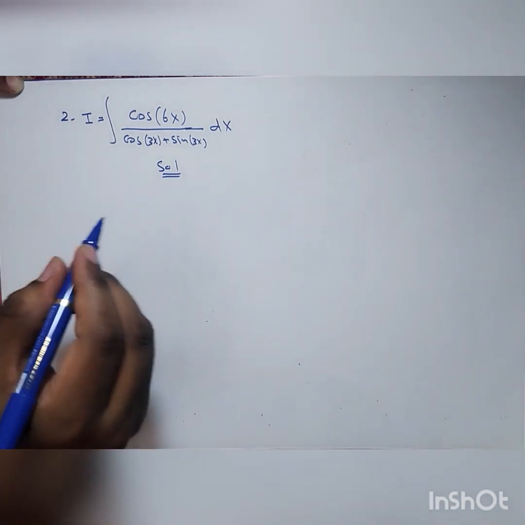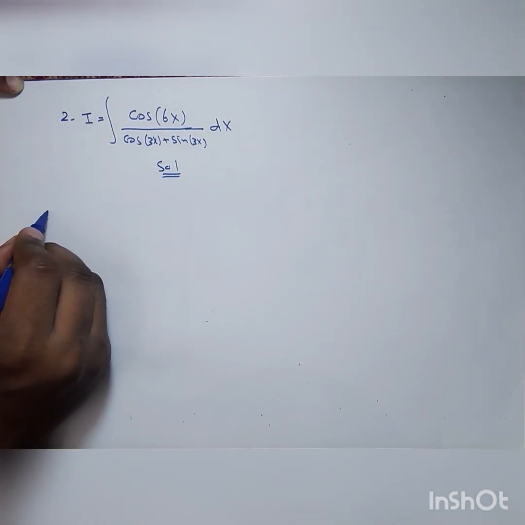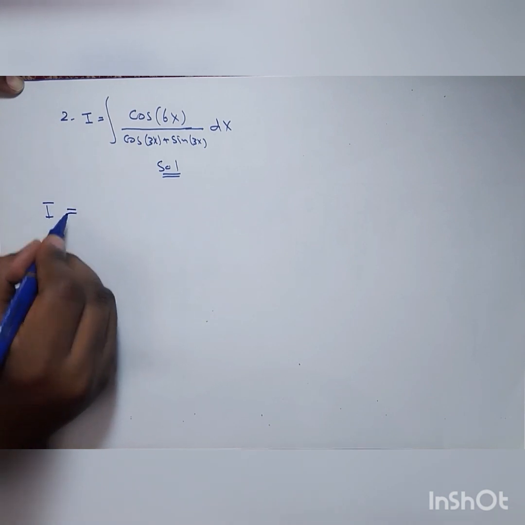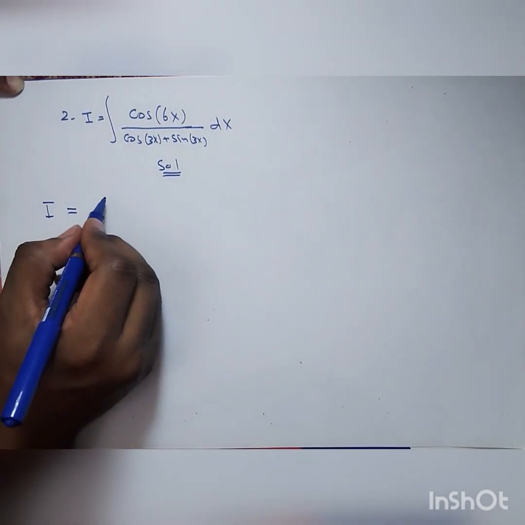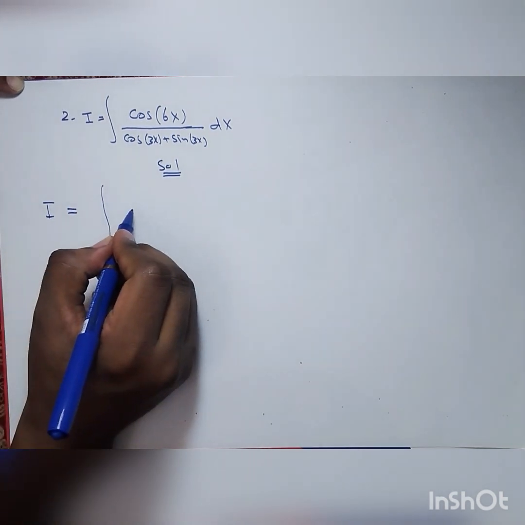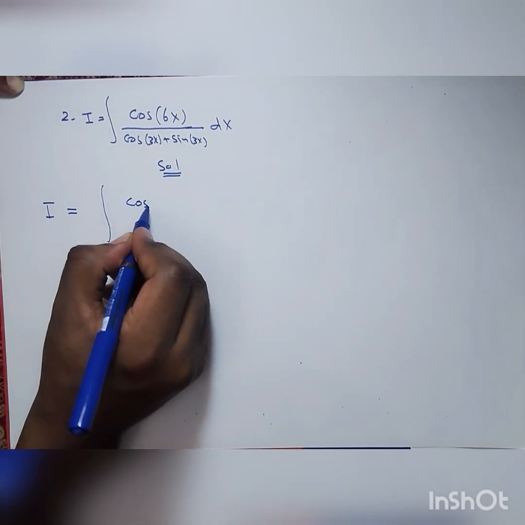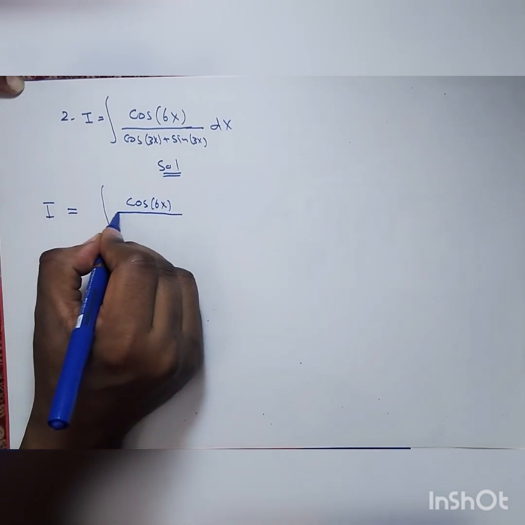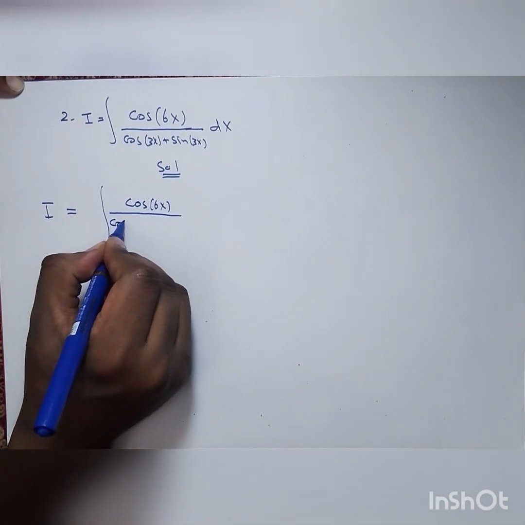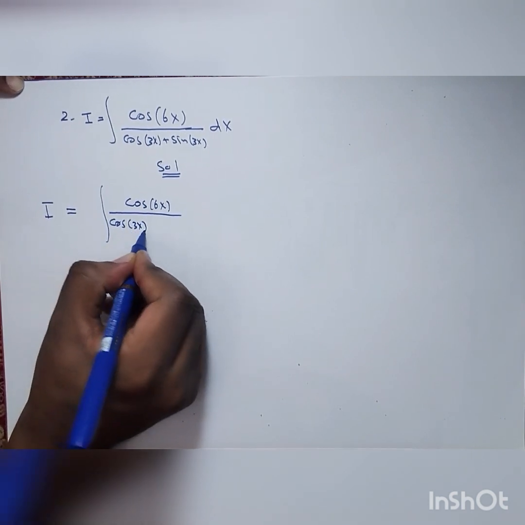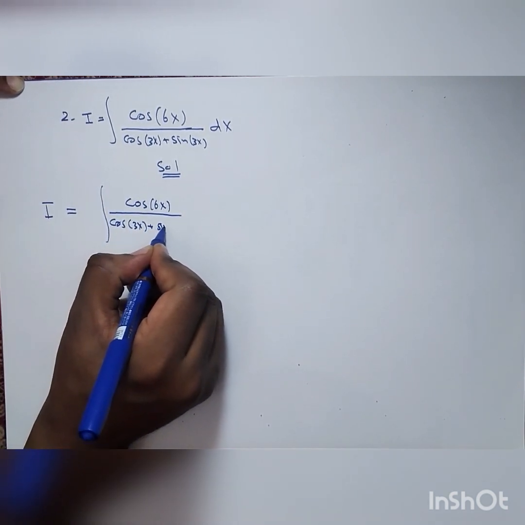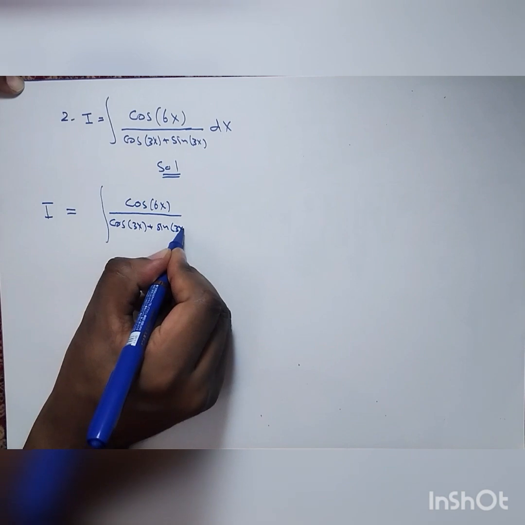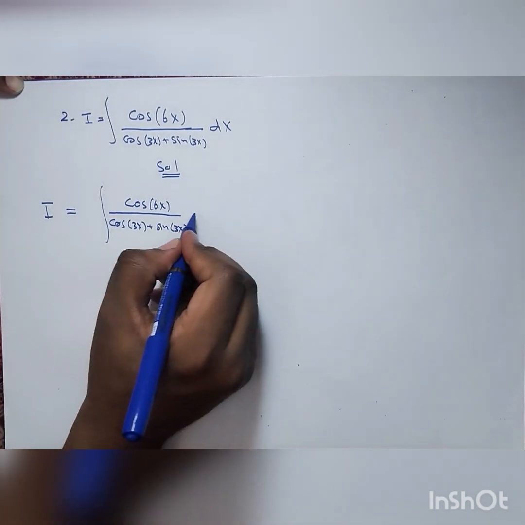So I will be equal to the integral of cosine 6x divided by cosine 3x plus sine 3x dx.